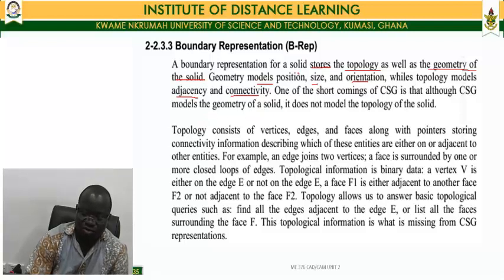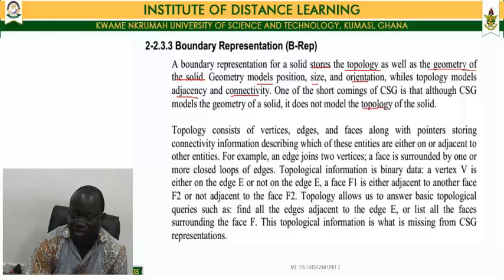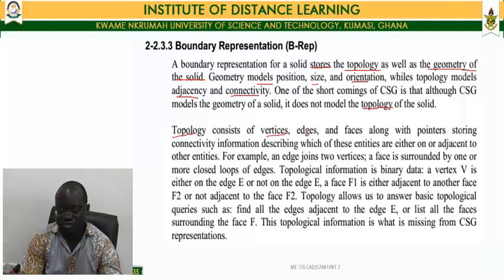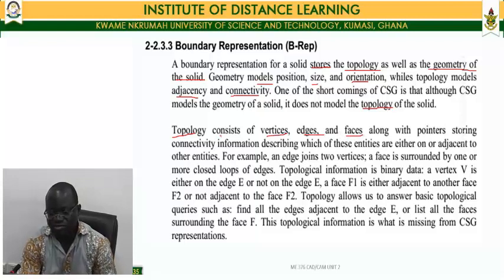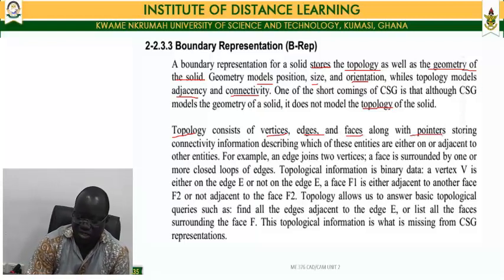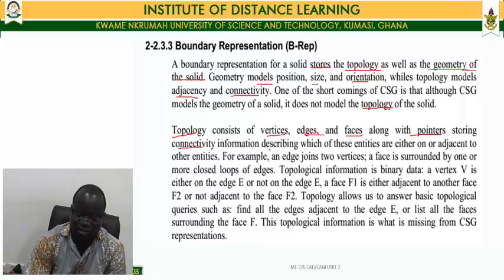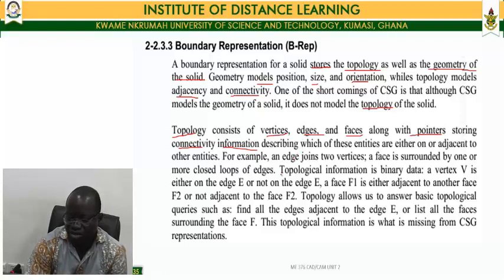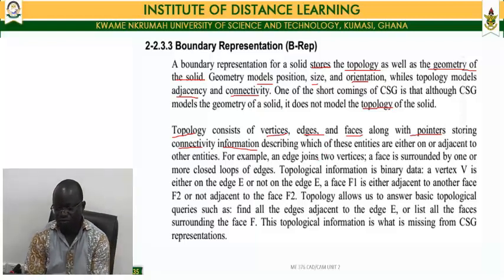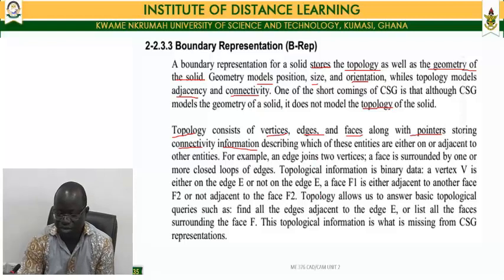When we talk about topology, we are looking at vertices, edges, and faces along with pointers storing the connectivity information, because you need to know which vertex is connected to which vertex, which edge is connected to which edge to form a face. And this is what they call the topology information. So, for example, an edge joins two vertices, and you need to know those two vertices. A face is surrounded by one or more closed loops of edges, which has to be fully described.